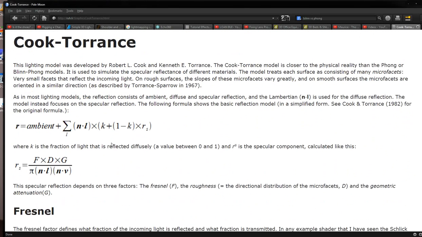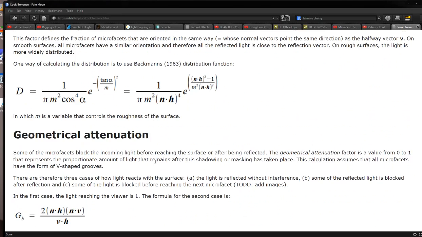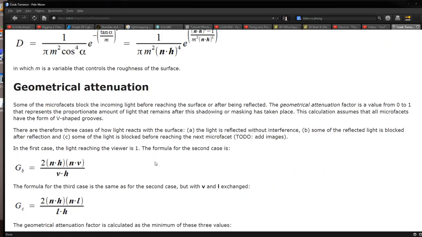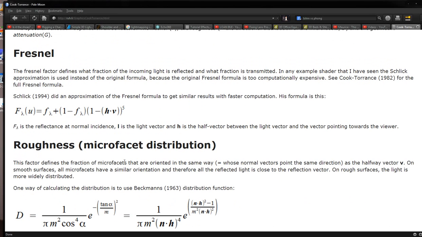So the D in this equation is actually the roughness or microfacet distribution.